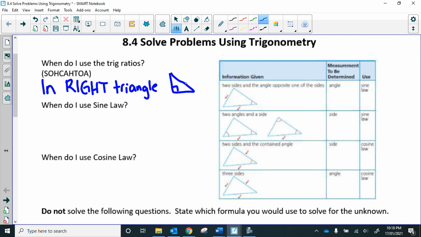So sine law is used in acute triangles. So all the angles are less than 90. Acute triangles. And you're either given two sides and an angle opposite. So given two sides and an opposite angle, which would give you your opposite pair.